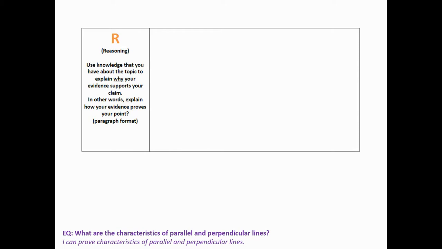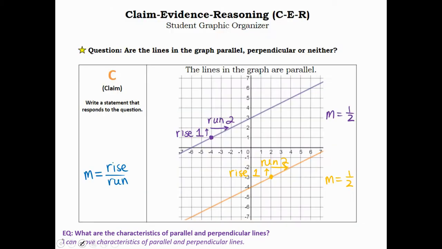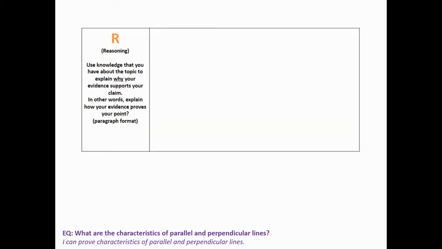And okay, then we're going to go to our reasoning. So our reasoning requires that we go back to the claim. So the claim was that the lines in the graph are parallel. So the claim that the lines are parallel, notice I kind of shortened it up a little bit, that's okay, is, and here's what I need to say, is it true?